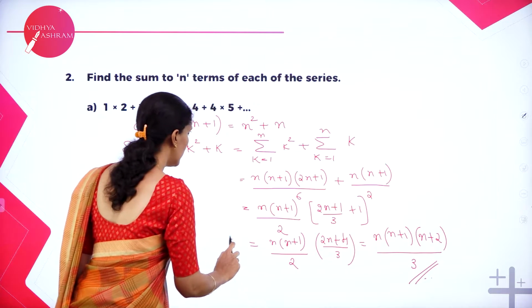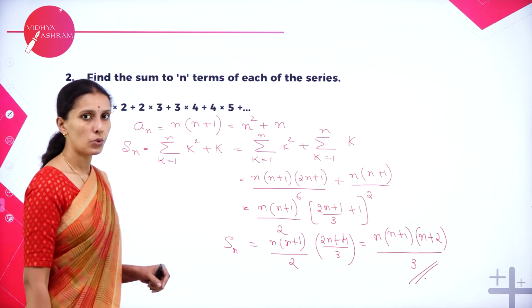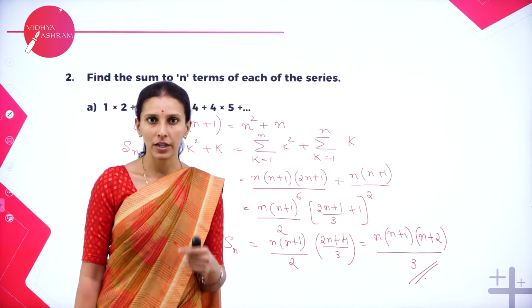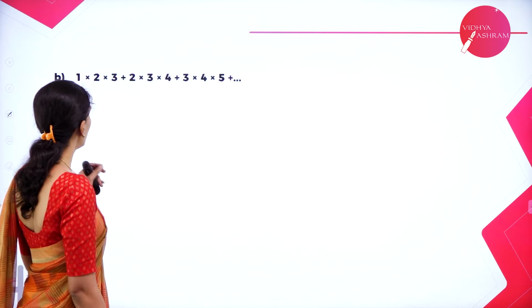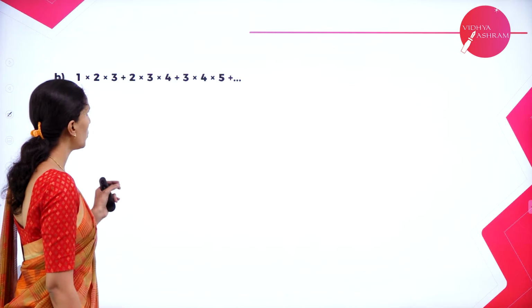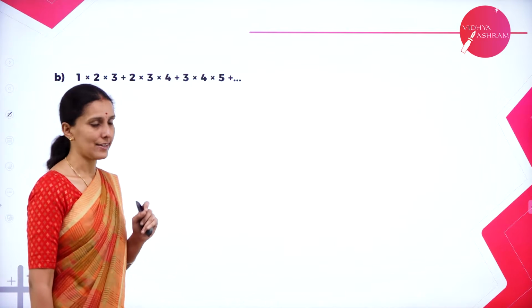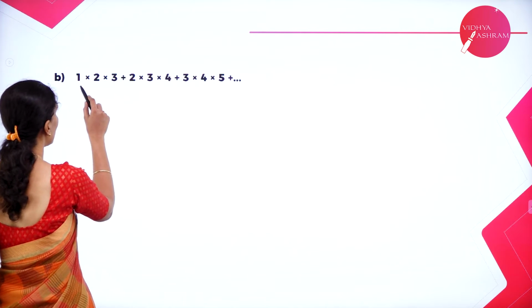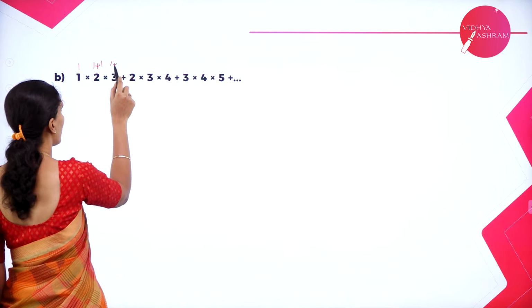So this is the summation of the given series 1 into 2 plus 2 into 3 plus 3 into 4, etc. Next we have 1 into 2 into 3 plus 2 into 3 into 4 plus 3 into 4 into 5, etc. Let's see now. Clearly, if this is 1, this is 1 plus 1, this is 1 plus 2.